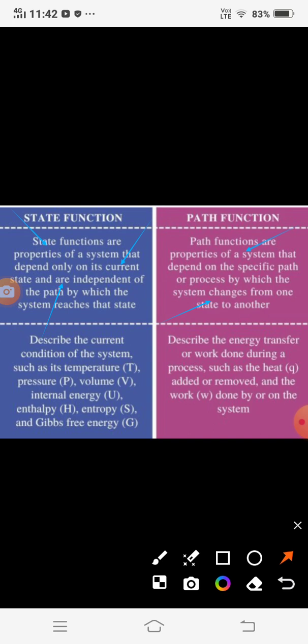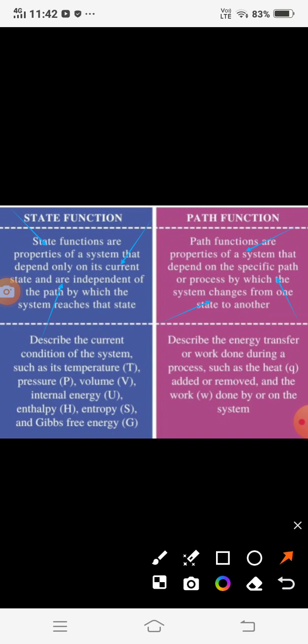State functions talk about the current situation, not the way a chemical reaction has proceeded or the path it has followed. But a path function talks about the specific path followed and how the current state has occurred.